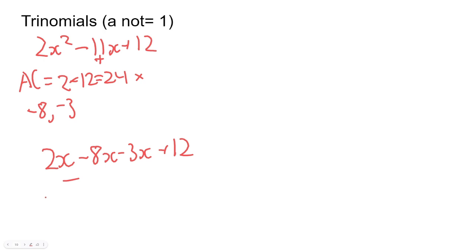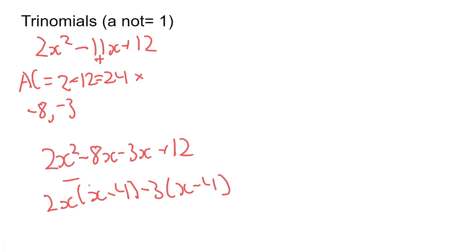So for example, from the 2x squared, you would take a 2x out of here to leave you with x minus 4. And then here you would take out a minus 3, and it would leave you with x minus 4. If you do this correctly, these two should be the same.